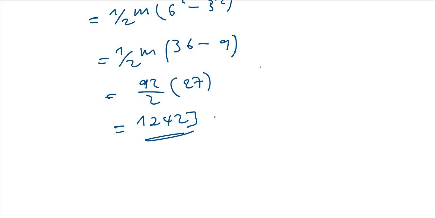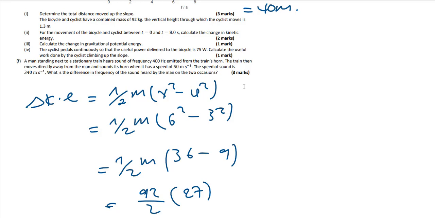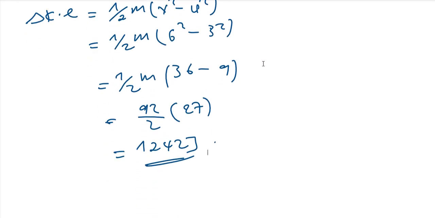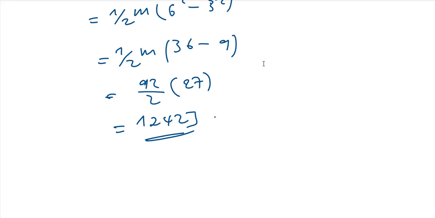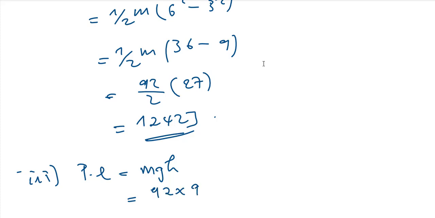Now the next: calculate the change in the gravitational potential energy. So the gravitational potential energy is simply equal to mgh. What's our mass? 92, times 9.8. What's the height?